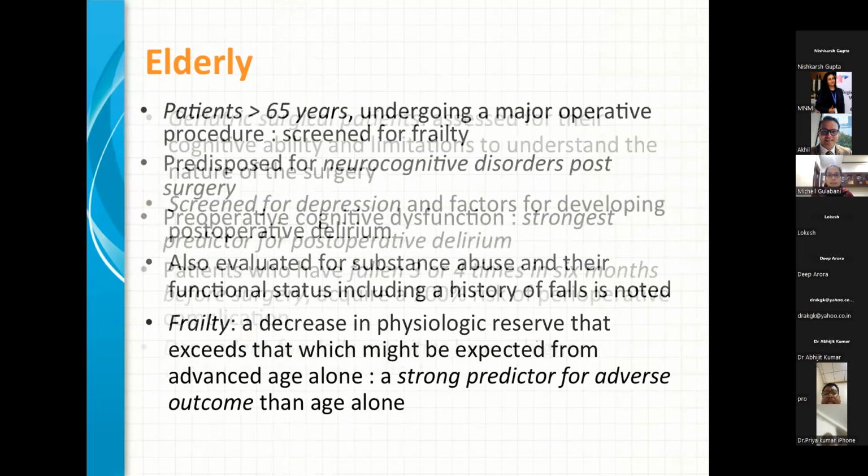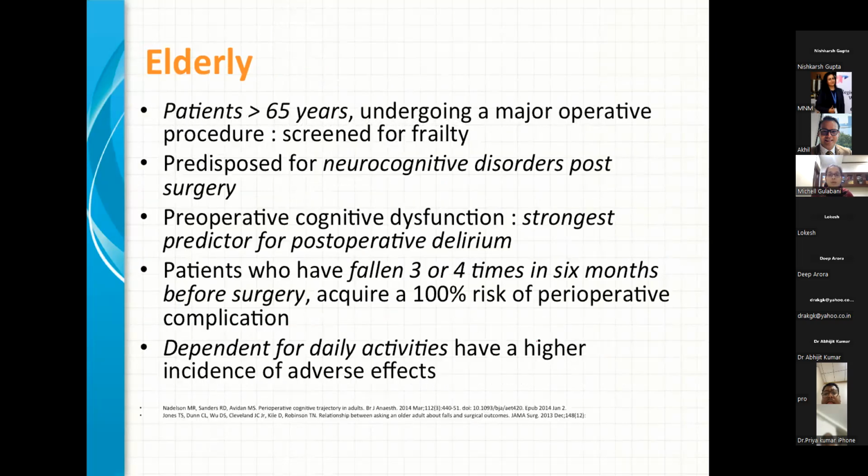So patients more than 65 years undergoing a major operative procedure should be screened for frailty. They are predisposed to neurocognitive disorders post-surgery. Patients who have fallen 3 or 4 times in the past 6 months have a 100% risk of perioperative complications. Also, those dependent for daily activities have a higher incidence of adverse effects.